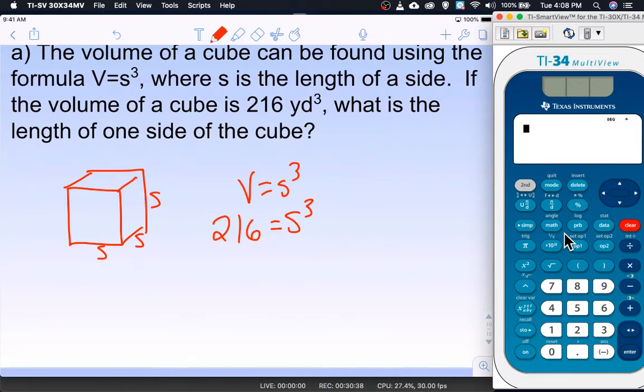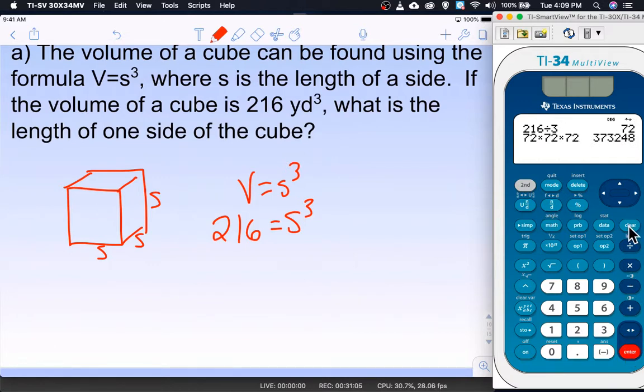Way number one, you could just start thinking in your head, okay, so if it's something times by itself 3 times, what number times by itself 3 times is 216? And even if you're using a calculator, you can't do 216 divided by 3. It's not going to be 72, because 72 times 72 times 72 is not 216.